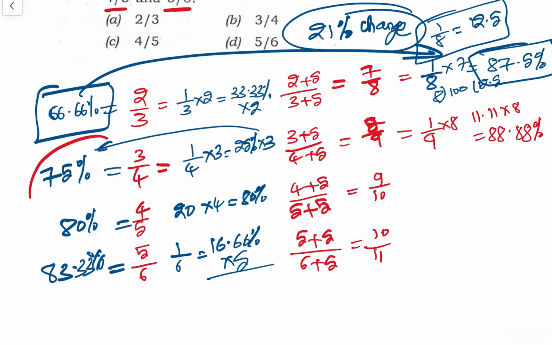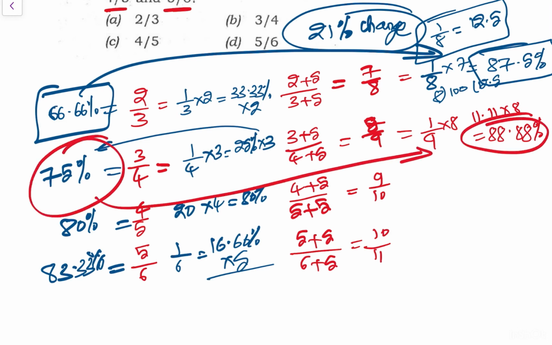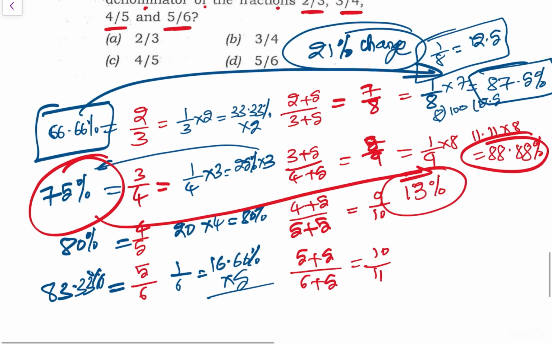So here the change is from 75 to 88, that is 13% change, let's assume. So 2/3 is not the answer, because minimum change is not here, 21% change is happening, so this is wrong.